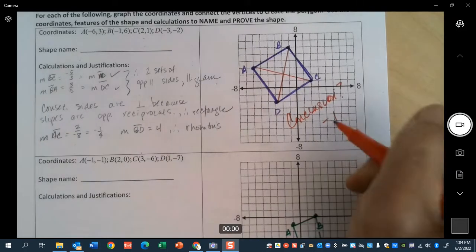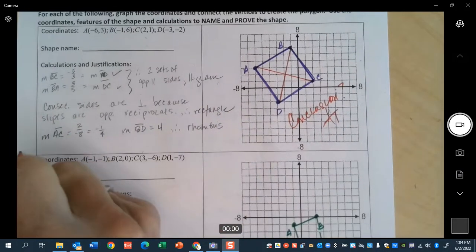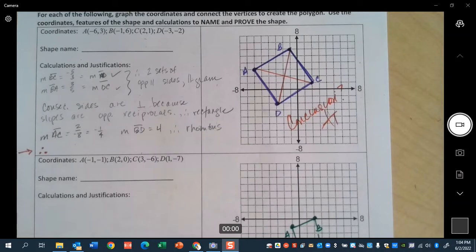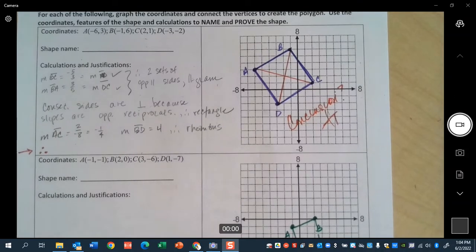Yeah, don't lose that point. So write yourself a conclusion right here. Therefore, and this is where you tie it all together. This is just your notes, so this isn't full sentences. It's: I did these calculations, therefore I have these ideas.